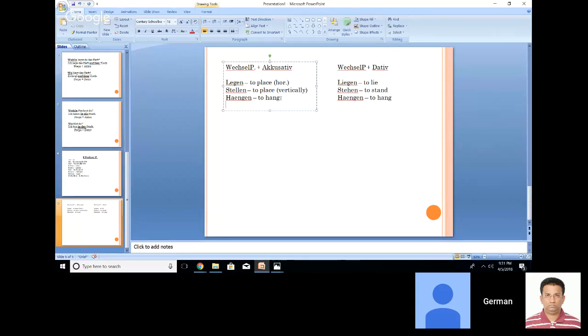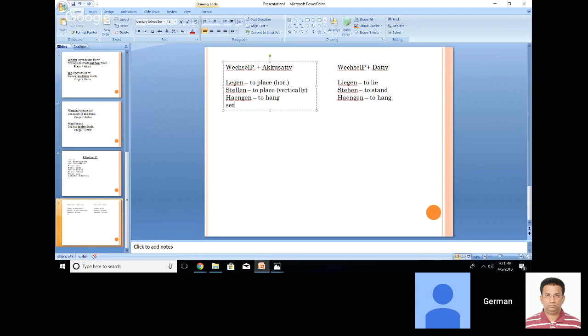We are in motion. And in dative, hängen is used when it is already hanging. Like the dress is hanging in the wardrobe. It is already hanging. In that case, we would use dative. If we are supposed to use accusative, I am hanging the dress in the wardrobe. I am involved. A doer is involved, plus I am doing the action of hanging it in the wardrobe. That's why it is accusative.